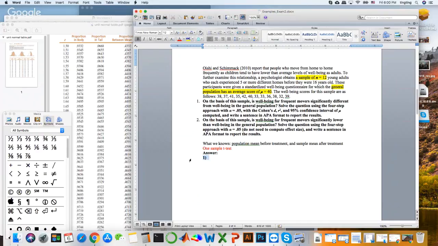So let's start with question 1. Similarly, you can quickly read this question. Very similar, right? These two questions differ in just the keywords. Here, the keyword is significantly different, so it's a non-directional question. But in question 2, the question is significantly lower, so it's a directional question.